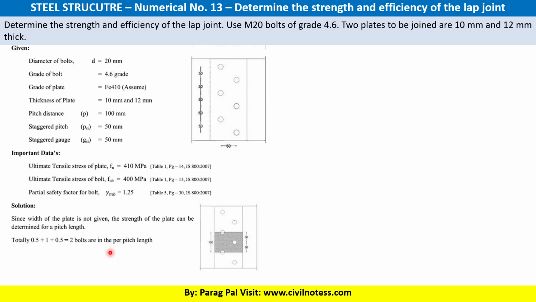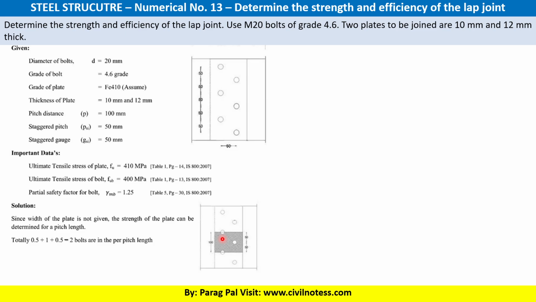So you can see we have one staggered pitch, like this rectangle, with one bolt here, one bolt here, and one bolt here. If we consider the plane, we can capture half of the bolt here, a full bolt here, and half of the bolt here.